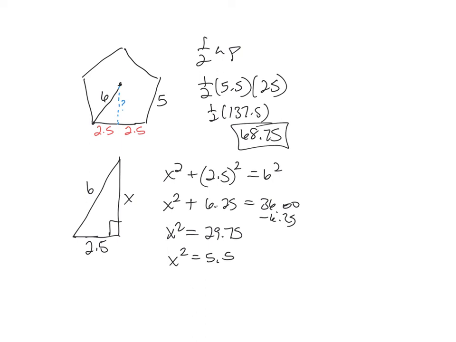So sometimes if you get both odd numbers, you can do half. Half of 25 is 12.5. So if you did 5.5 and 12.5, you're still going to get 68.75. So it really doesn't matter, like I said, which way you choose to go at it.